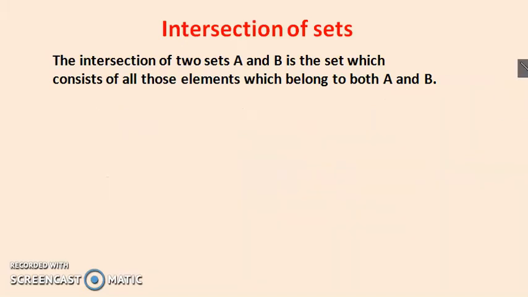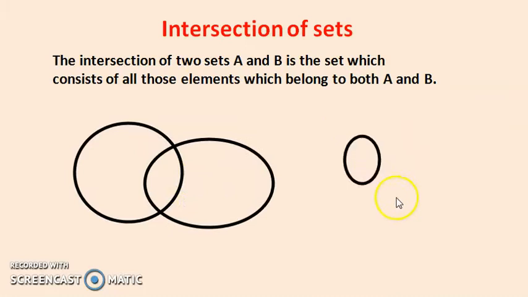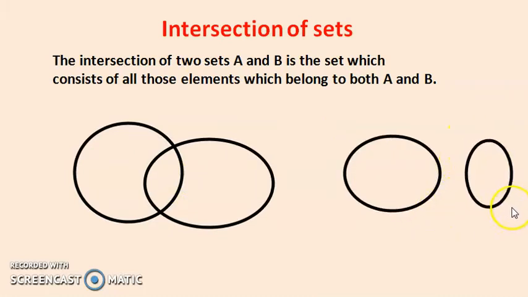Now we'll look at this with the Venn diagram. Suppose set A and set B, and they do not have a common property.